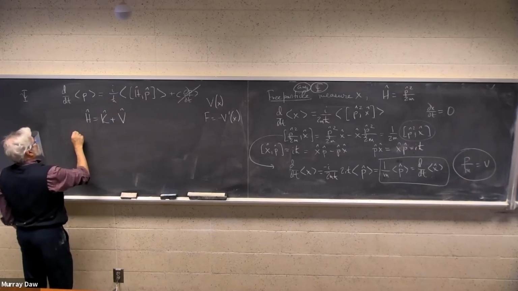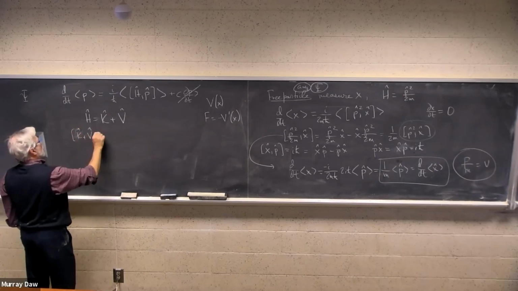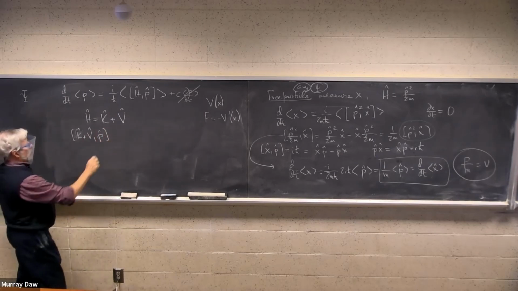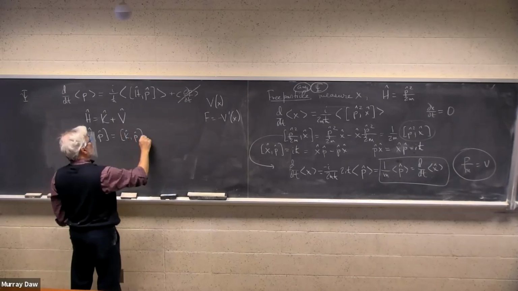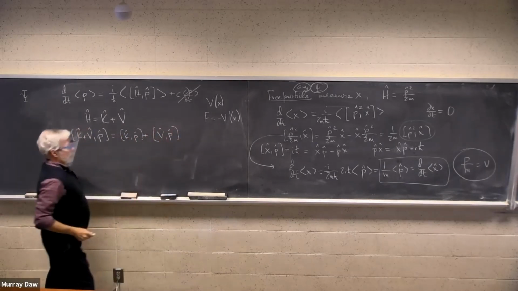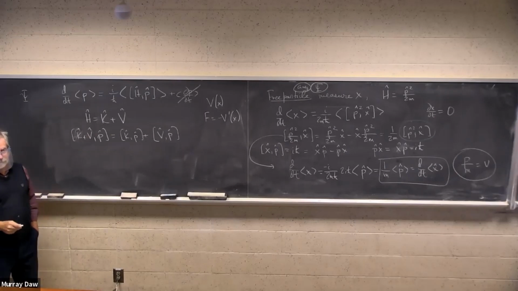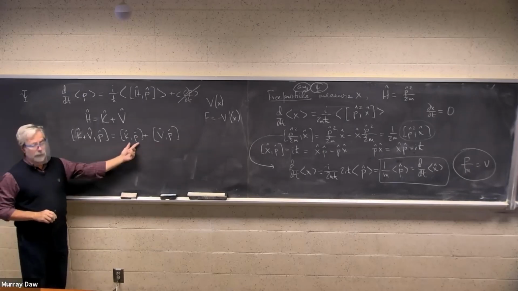So I should be able to write this as the sum of the 2 commutations, which you can check by going back to the definition of the commutator. How about this one?